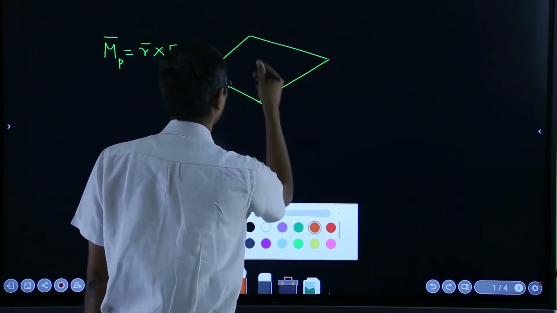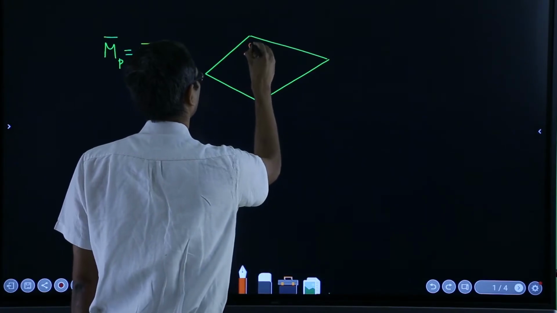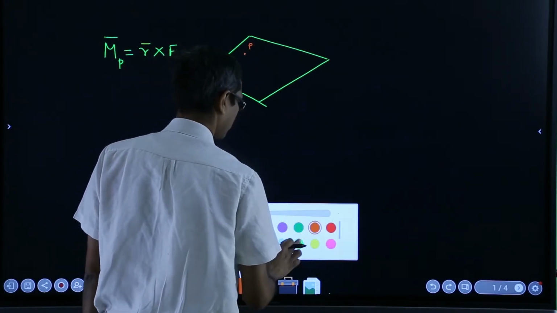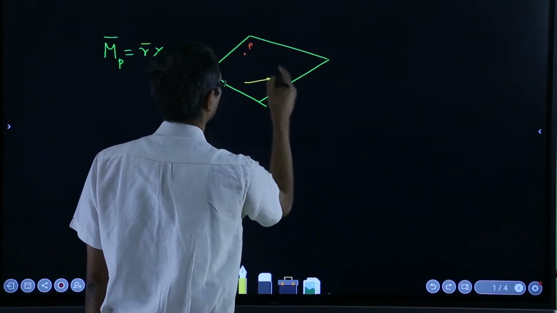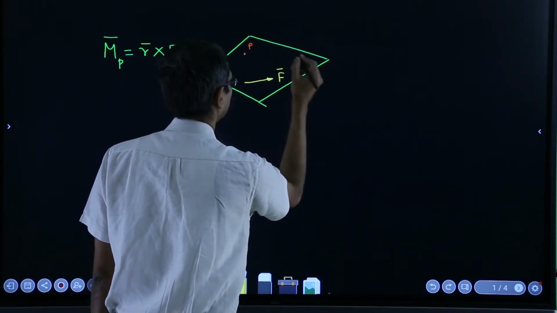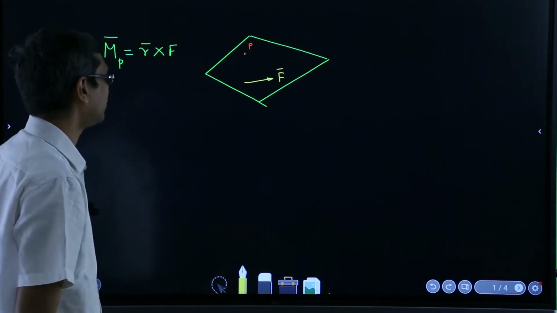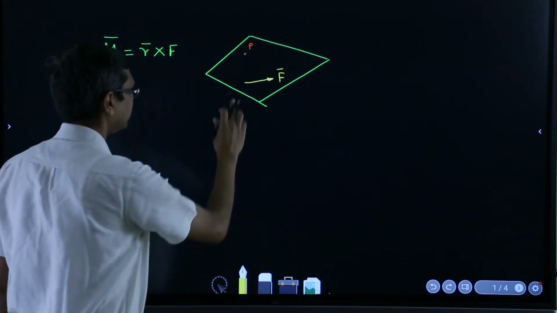Once we have a point P and a force F, these two entities should in fact define the plane as soon as we define them.